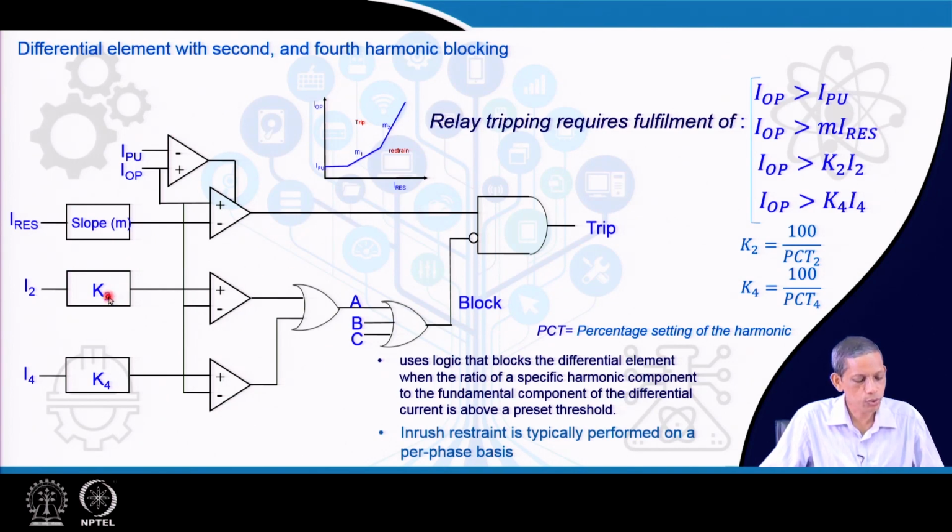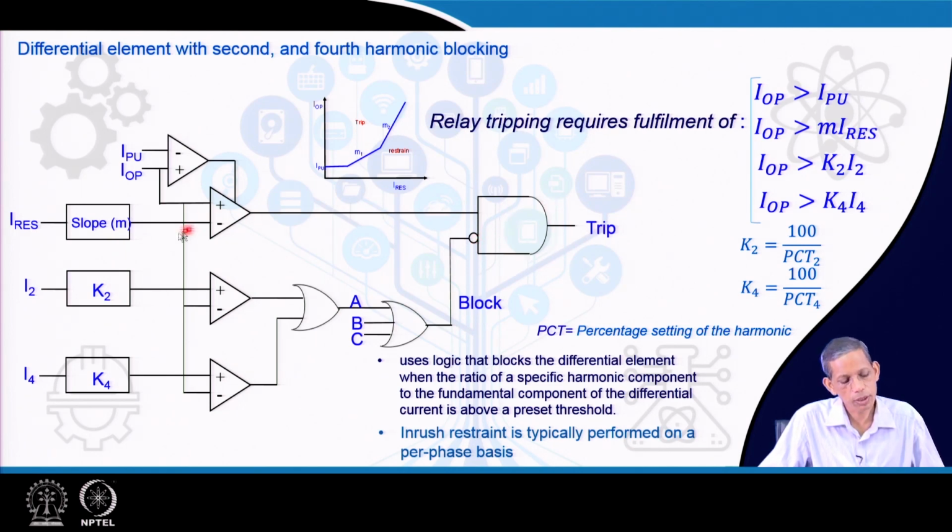Now, it introduces the second harmonic and fourth harmonic components multiplied by K2 and K4 as defined here, and a comparator where either one can be greater than the threshold value. Then for each phase we make a block operation, and the overall trip decision can be obtained.